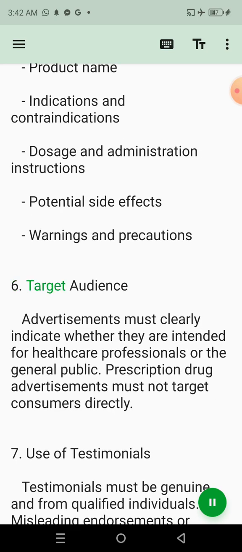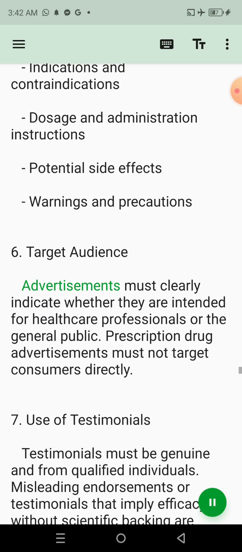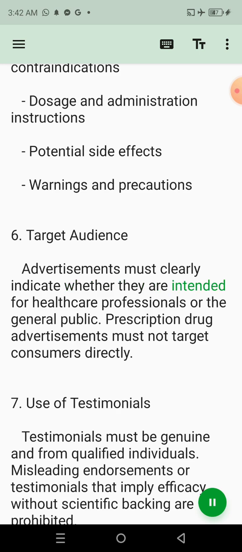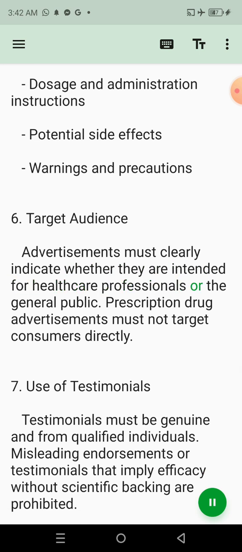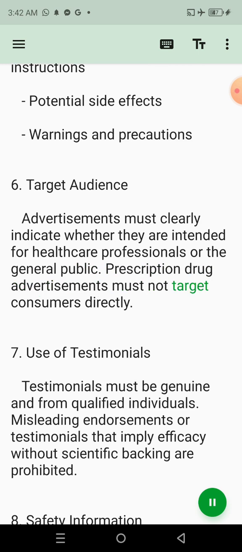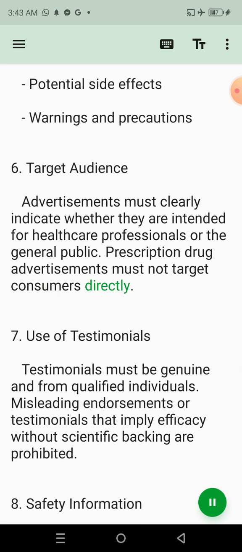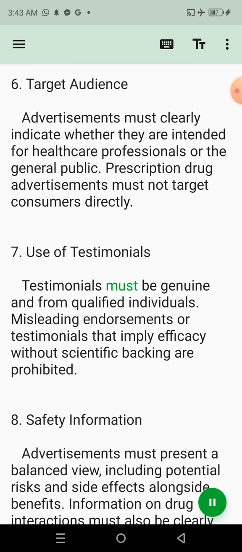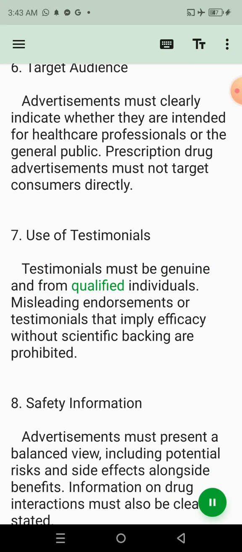6. Target audience. Advertisements must clearly indicate whether they are intended for healthcare professionals or the general public. Prescription drug advertisements must not target consumers directly. 7. Use of testimonials. Testimonials must be genuine and from qualified individuals.